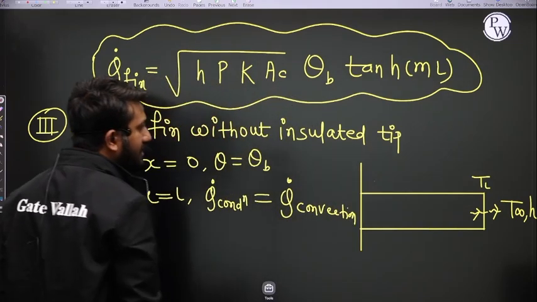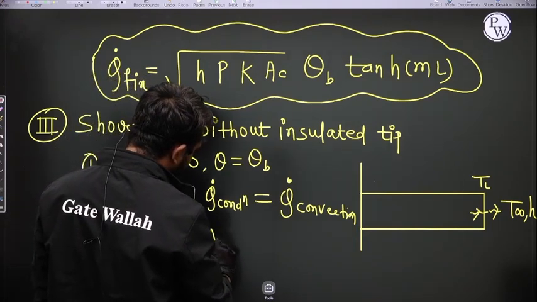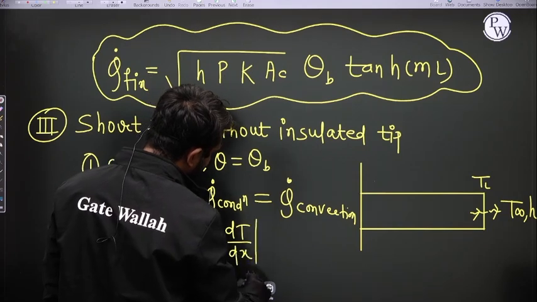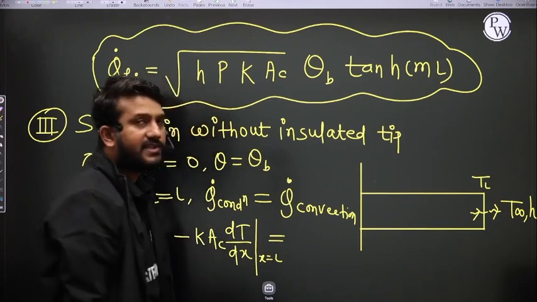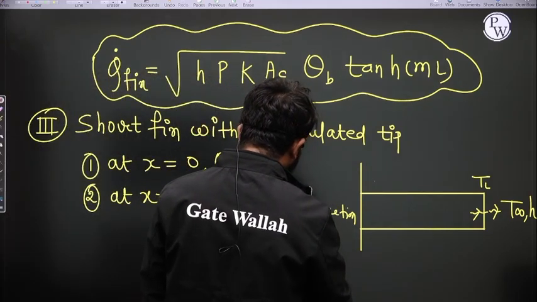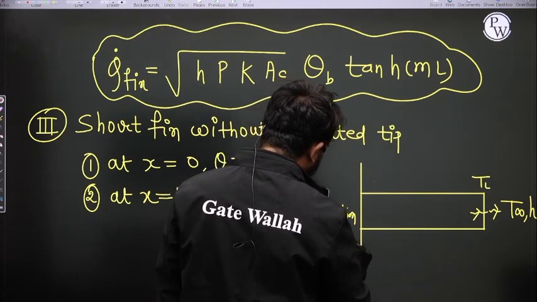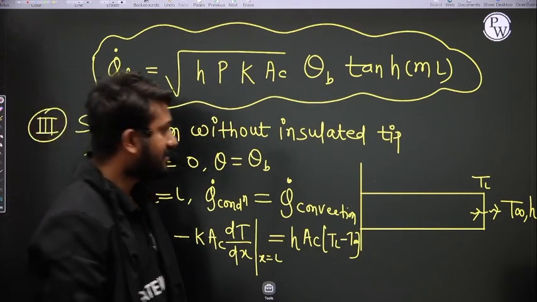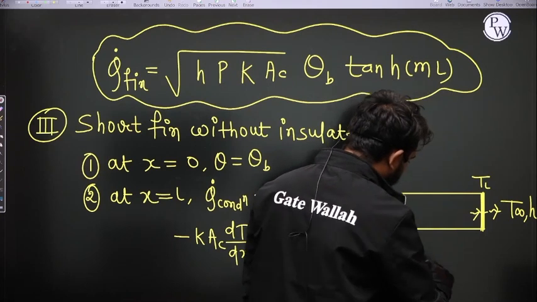So what is the rate of conduction heat transfer? That is minus K A_c dT by dx at x is equal to L, is equal to the rate of convection heat transfer, that is h into A_c into (T_L minus T infinity). The convection occurs from this surface only, right? So if you see.